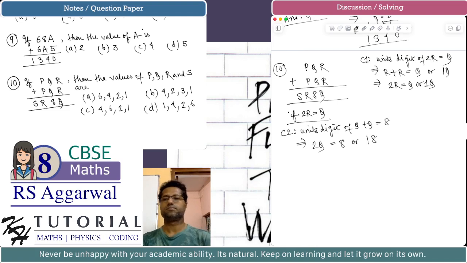Okay, so we are getting twice q is equal to 8 or 18. This implies q is equal to 4 or 9.